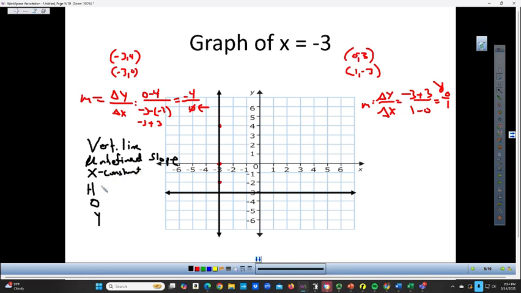HOI: horizontal line, 0 slope, y is constant. Okay, so VUX HOI.